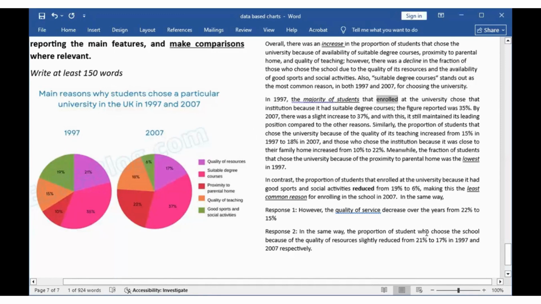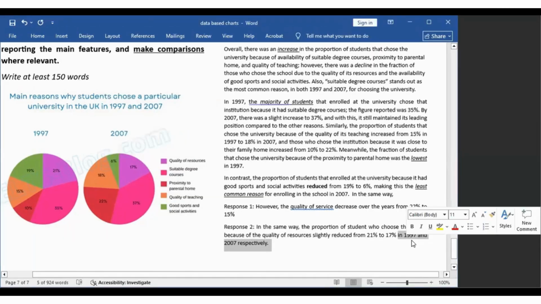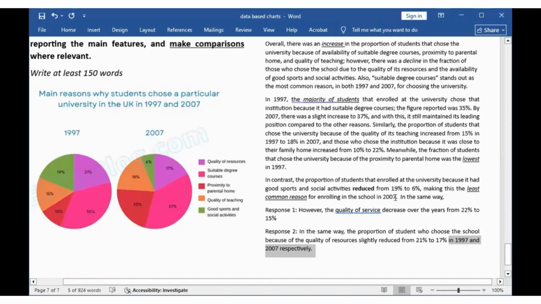In the same way, the proportion of students who chose the school because of the quality of resources slightly reduced from 21% to 17%. You see, this thing that you wrote here is not necessary. Why is it not necessary? Because we already know that you are comparing 2000 to 1997. You already have it from the beginning.